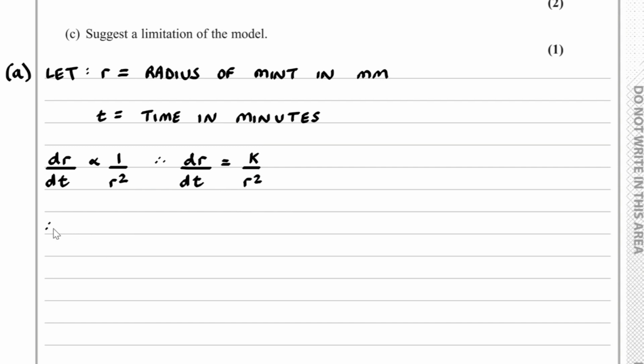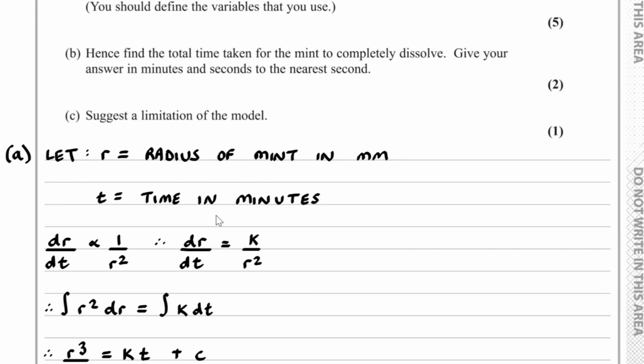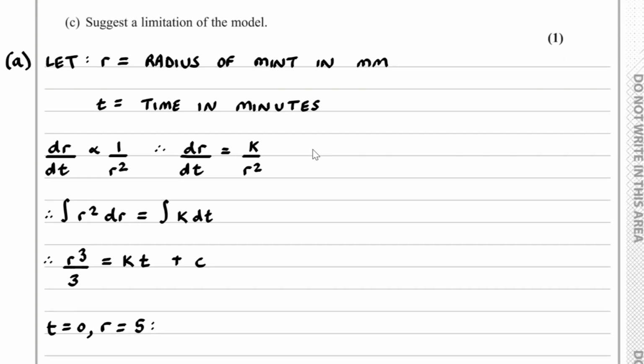And if I separate the variables and integrate, we have r squared dr equaling k times dt. And if I integrate, we have r cubed over 3 equaling kt plus c. And we know that when t is 0, r is 5. We are told this because initially it's 5 millimeters, and that's when it's placed in the mouth.